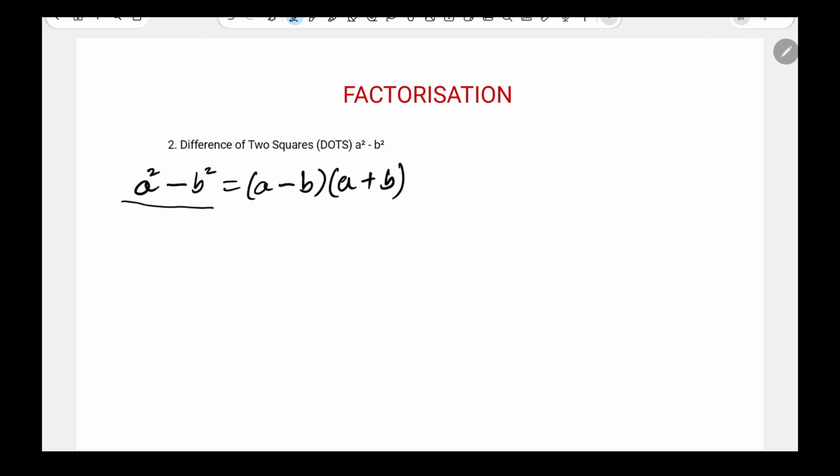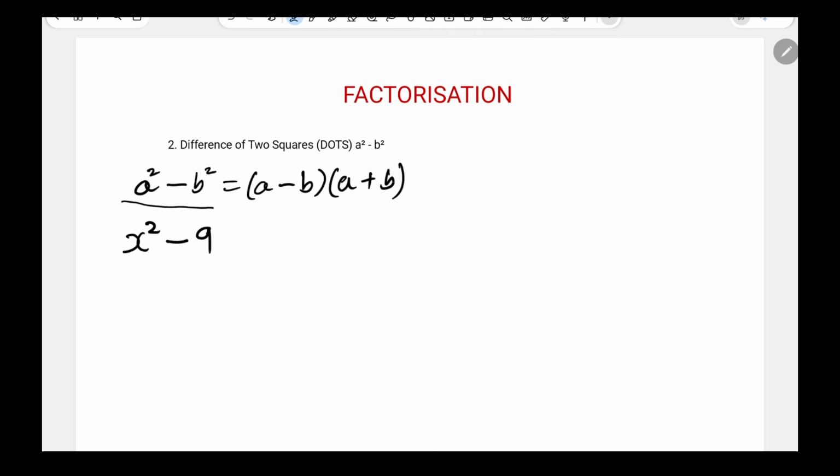Let me give you an example. Let's say we have x squared minus 9. Check if you have two terms separated by a minus sign, and both are perfect squares.